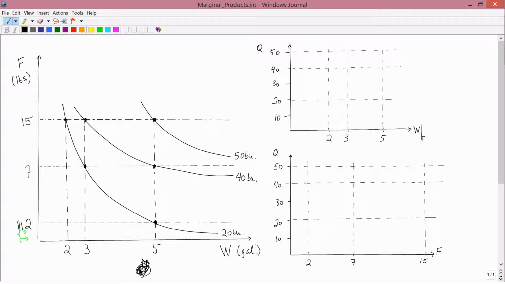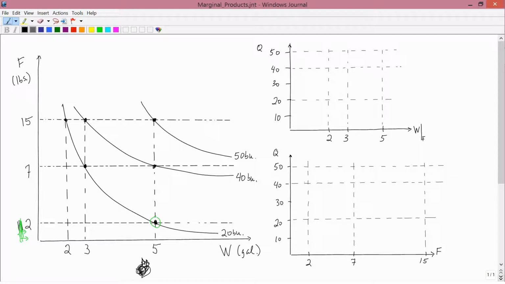So when fertilizer is fixed at 2 pounds, that's here, I have one observation, which is this observation here, which is that when water is 5 gallons, you can produce 20 bushels of corn.